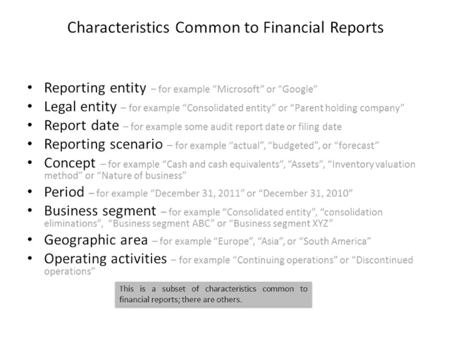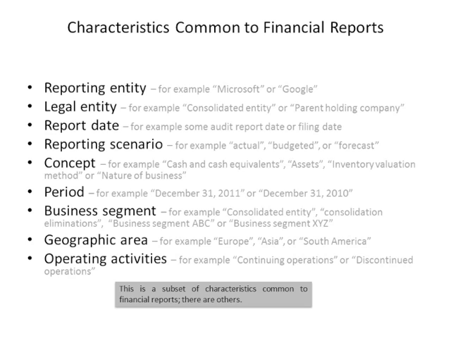Another characteristic is report date, which may be the audit report date, a filing date, or some other date. Another is the reporting scenario. The fact could be actual, could be budgeted, could be forecast.